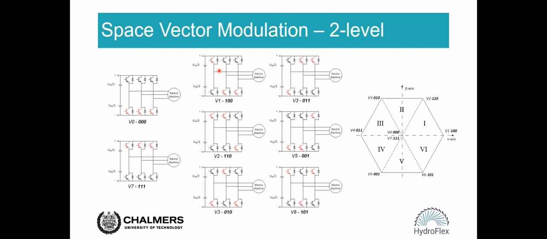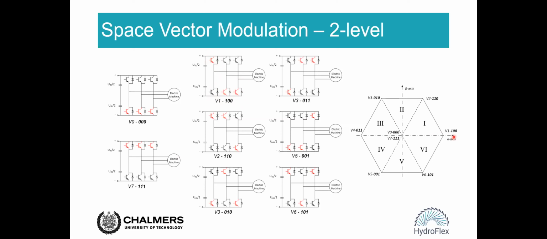And if we turn on the upper switch of phase A, but still keep the lower switches of phase B and phase C on, then we get this combination, which is called 100, and it stands for the voltage V1.